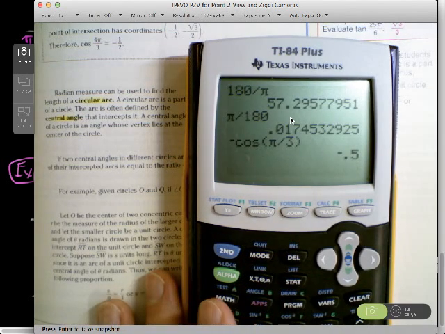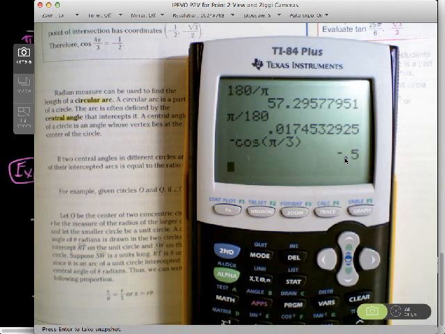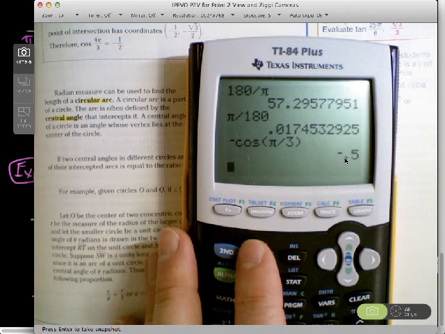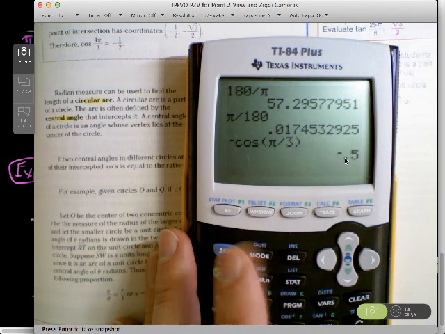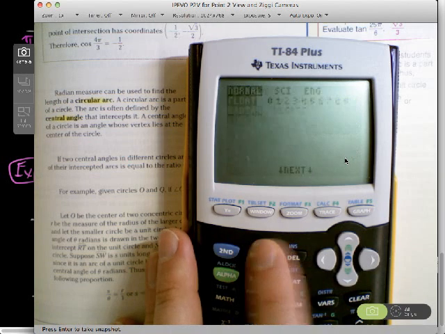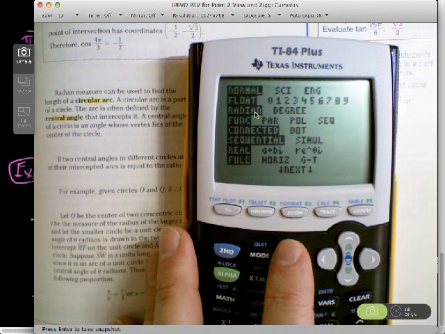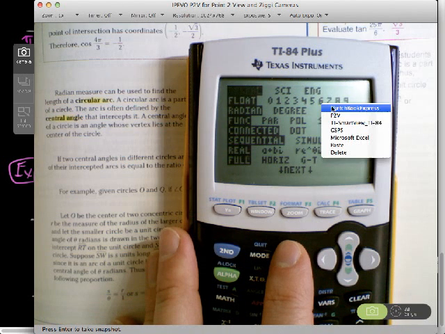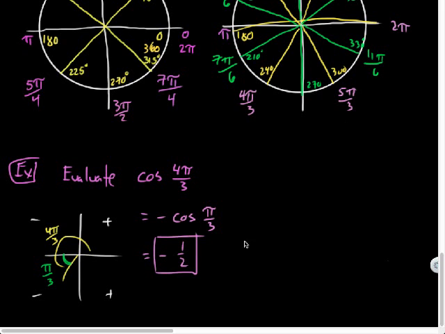And if I hit enter, I do end up getting negative 0.5. So it's a really good question. I like that, because I forget that I haven't showed you how to do radians yet. So all you have to do is make sure you put it in radian mode. I like it. Let's go on back to this.